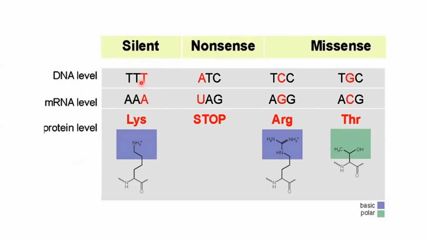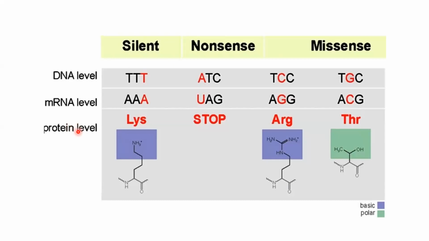So this has become different from AAA, which means AAA might be for lysine, but AAT might be for threonine or glycine, and then glycine is put in at the protein level, and that changes the exact function of the protein. How does it change that?